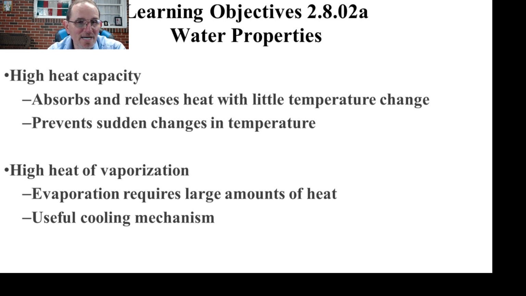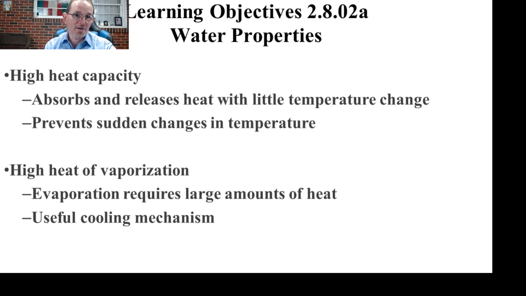Now, the high heat of vaporization: it takes a lot of heat to change water from a liquid to a gas. The way we use this is, if it's really hot, we sweat.